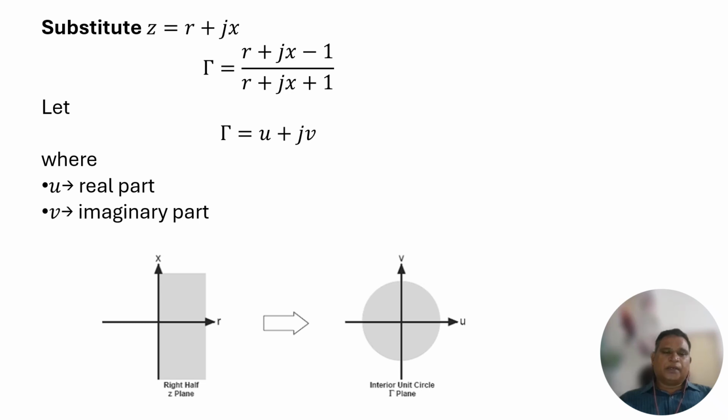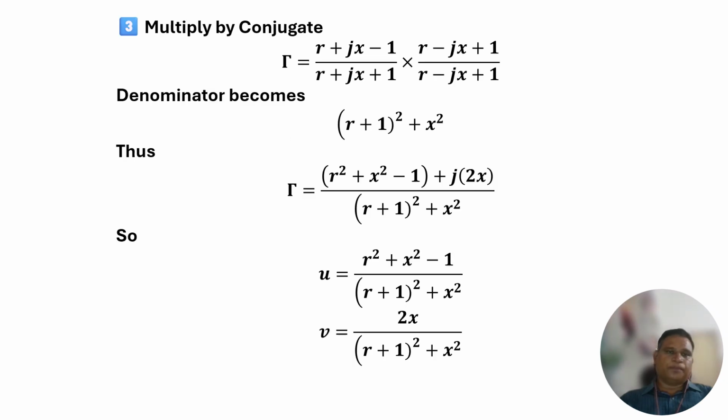See here, we are converting this graph from the z plane. The right half of the z plane is mapped to the interior of the unit circle in the reflection coefficient plane.